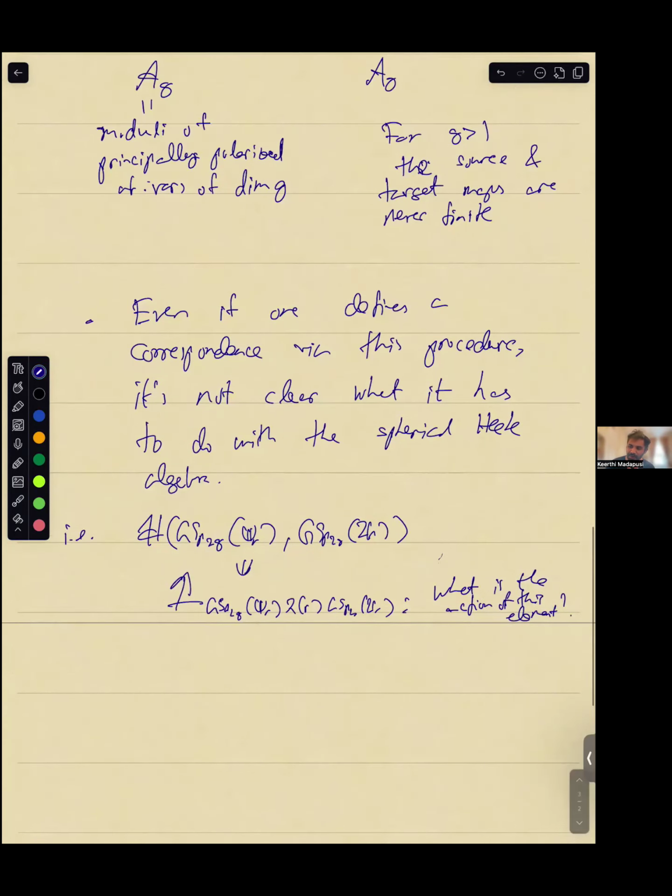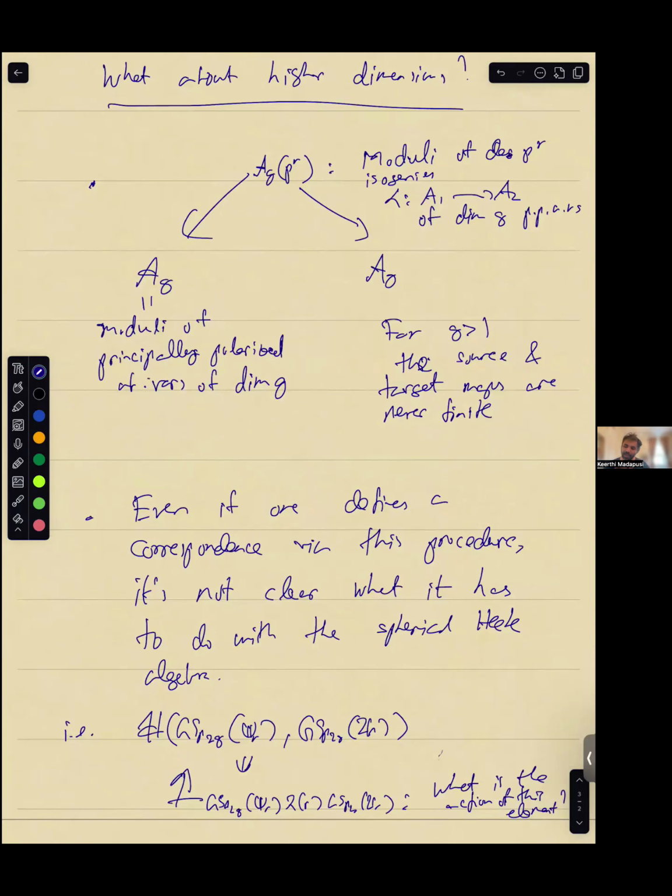It is known, for example, that already here, giving isogenies between abelian varieties is more or less equivalent to giving isogenies between their corresponding p-divisible groups when you're talking about p-power isogenies.